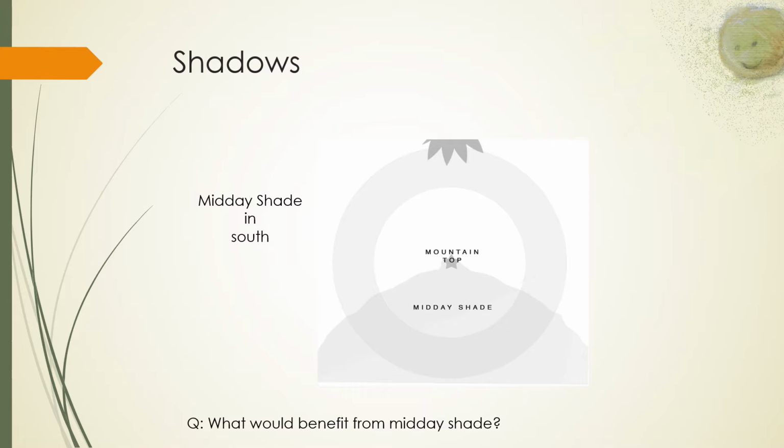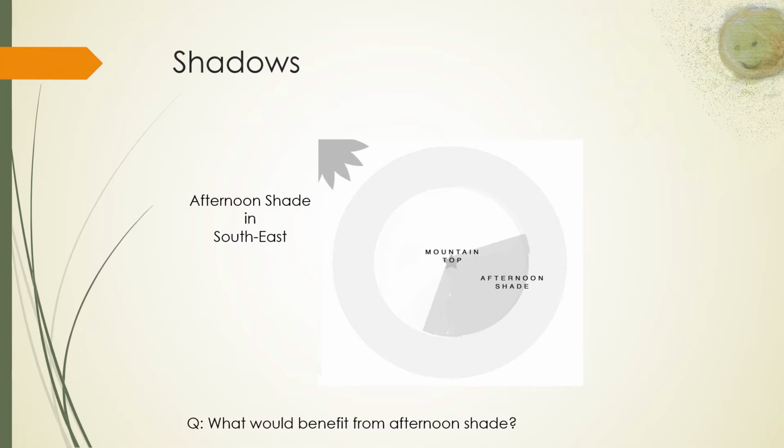As the sun has moved to the left, to the west, the shade has moved to the bottom there. This is for a southern hemisphere, by the way. And in the afternoon, the sun has moved again, and you've got shade where the morning sun was actually.